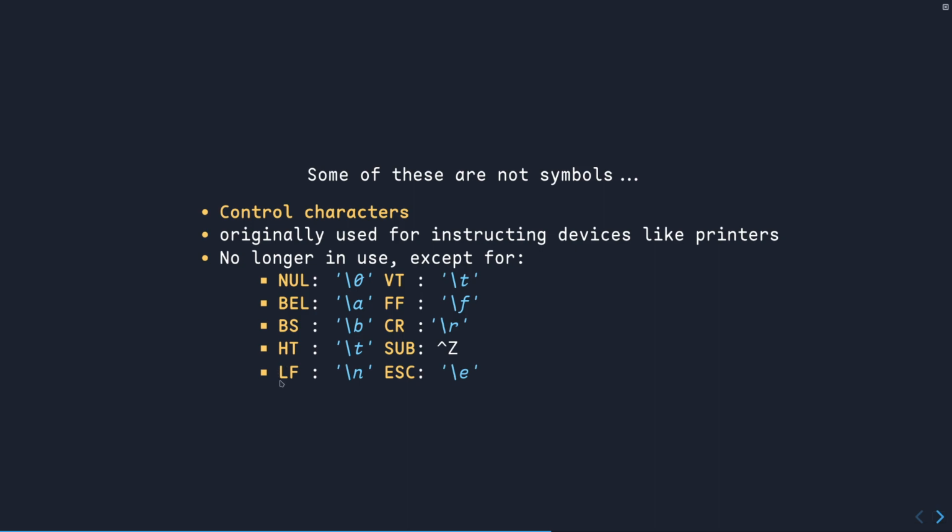We have the line feed, which is basically a new line character. You will probably have used this once or twice at least to add a new line to your string, for example. And this is actually one of these ASCII control characters. We have the vertical tab, which is actually an error here. This should be \v, so just ignore that for now.